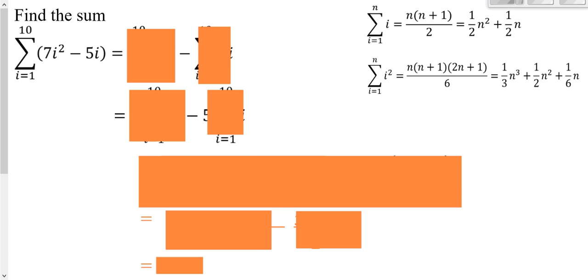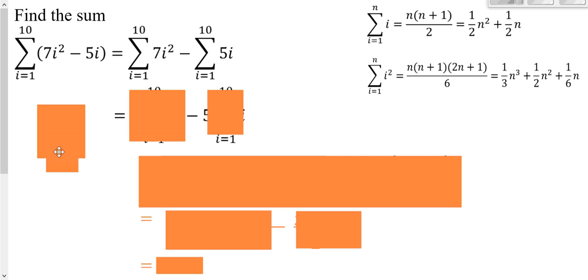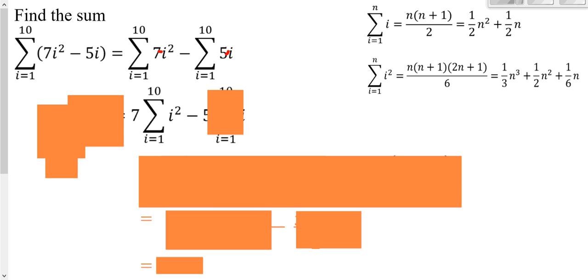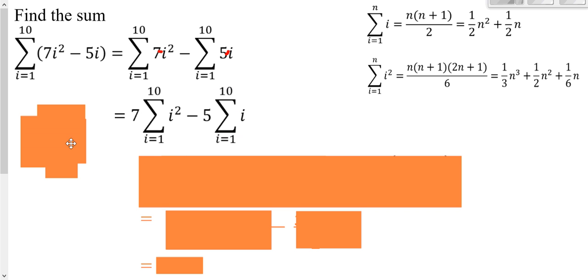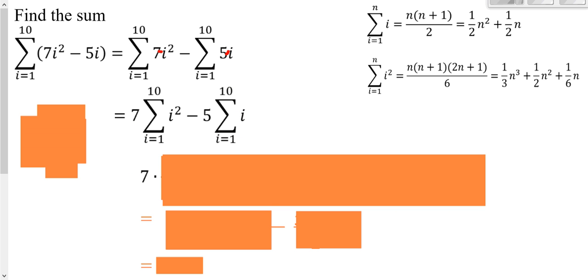So looking here, the first thing I'm going to do is distribute my summation through to each part. So I'm going to take the sum of 7i squared minus the sum of 5i. Because we are multiplying a number times a variable here, we can put that number in front, so 7 and 5.